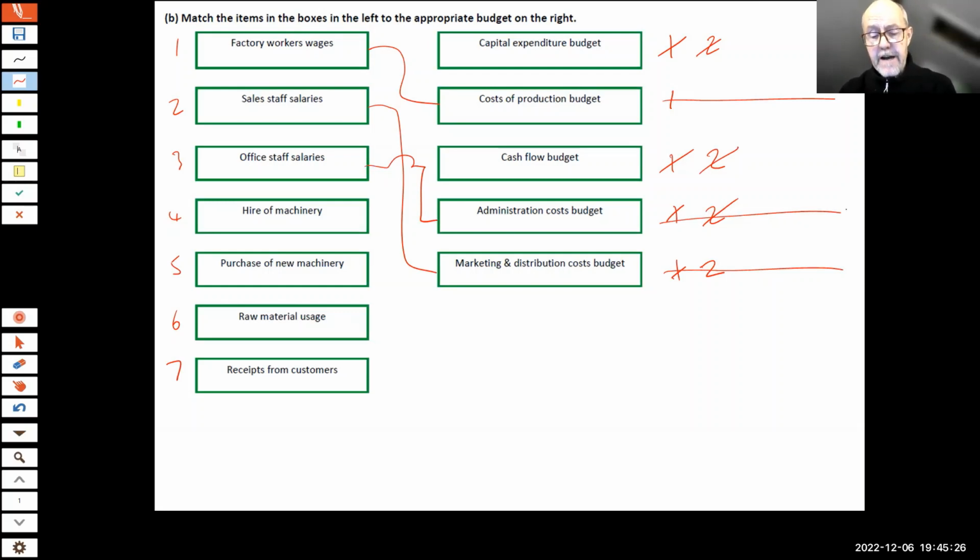Hire of machinery. Now here we've got to be careful, because it's hire. It's machinery, which is often a non-current asset, but it's hire. So I wouldn't put that as capital expenditure. I'd be looking to put that as cost of production, because we use machinery for production.